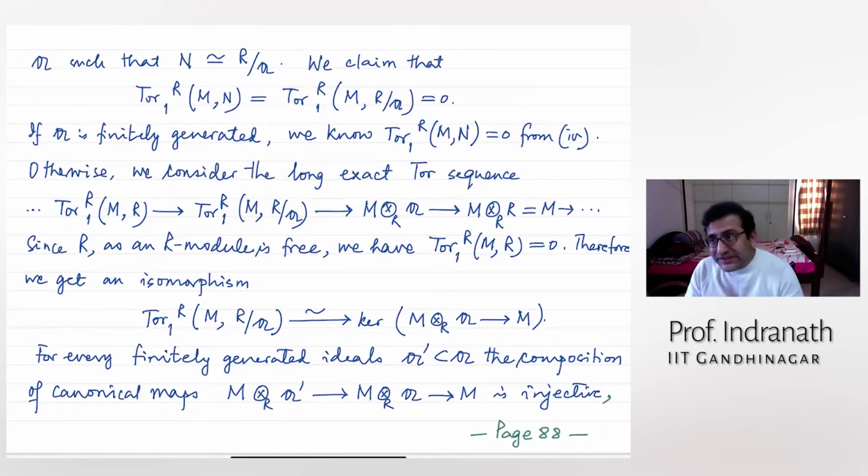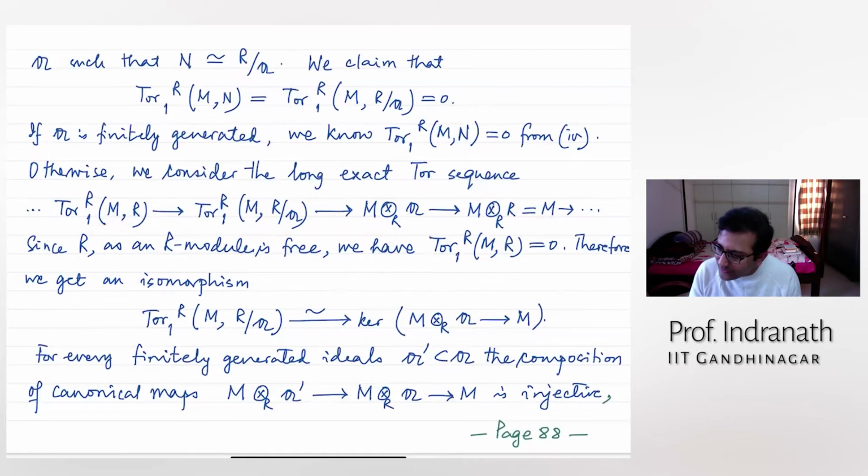So now you see how typically these arguments are carried out. Every time you appeal to the long exact Tor sequence. That's it. There is no other shorthand. So we consider the long exact Tor sequence, and then you get it here. I hope it is clear to you how you get it. Basically you take A contained in R and tensor by M. So you have an M out here, and then the Tors come.